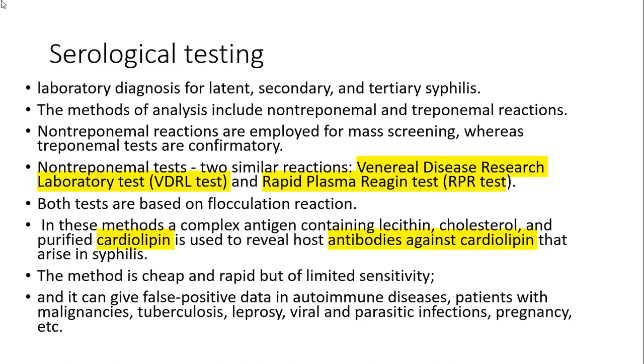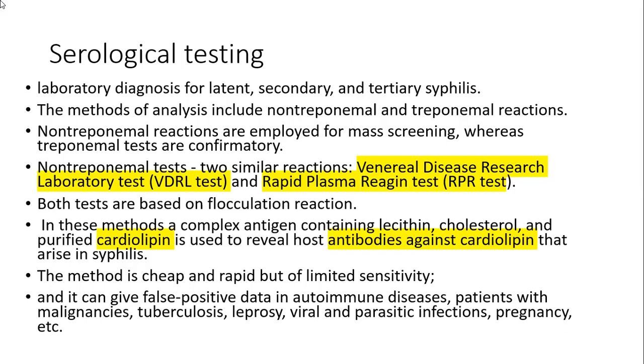Non-treponemal tests have two similar reactions: the venereal disease research laboratory test, VDRL, and the rapid plasma reagin test. Both tests are based on flocculation reaction. In this method, a complex antigen containing lecithin, cholesterol, and purified cardiolipin is used to reveal host antibodies against cardiolipin that arise in syphilis.